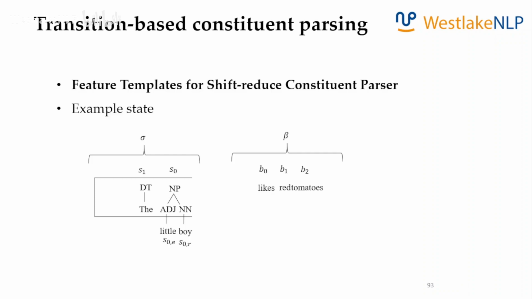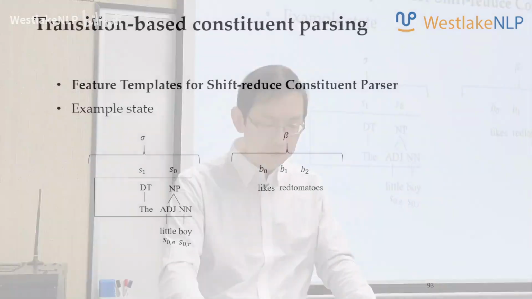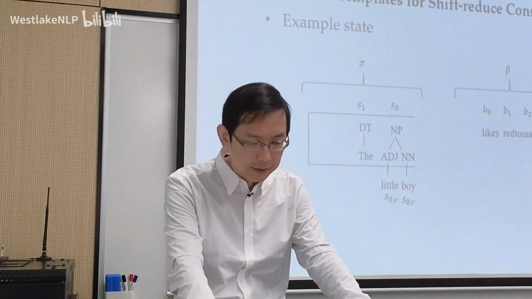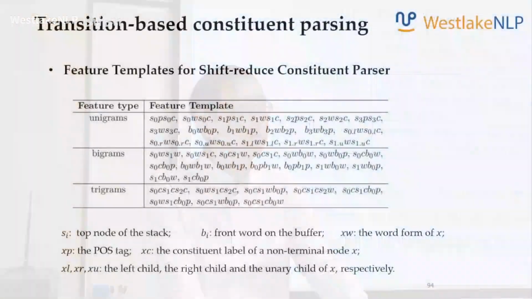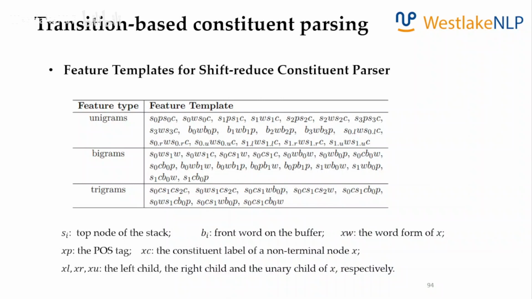Based on this intuition, we can define the following features, as shown in the next slide. We can extract a lot of features, like the first item on the stack, the second item on the stack, etc. And the front item on the buffer, the second item on the buffer, etc. For each item, we could extract what's the word, what is the part of speech, okay, what is the constituent label.